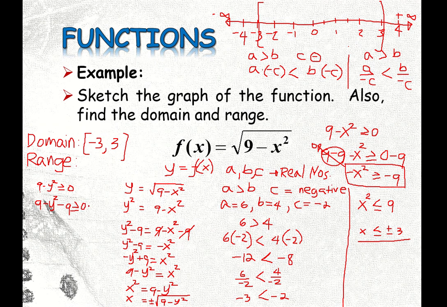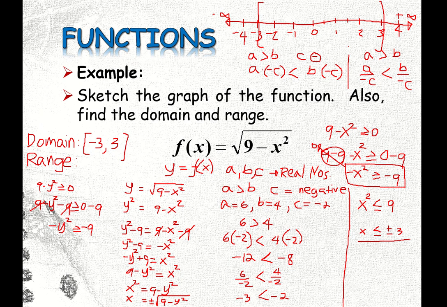So we also have to subtract it by 9. Okay, so we have 9 minus 9, so that is 0. So what is left on the left side is minus y squared greater than or equal to negative 9, sorry.